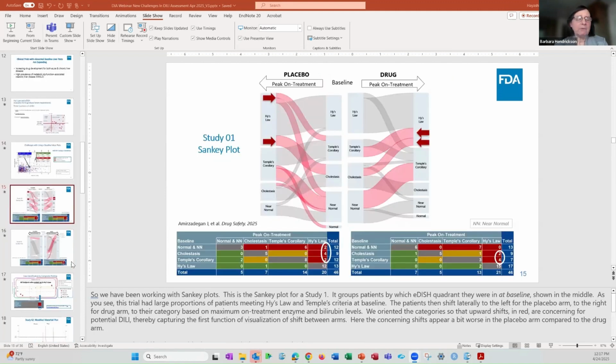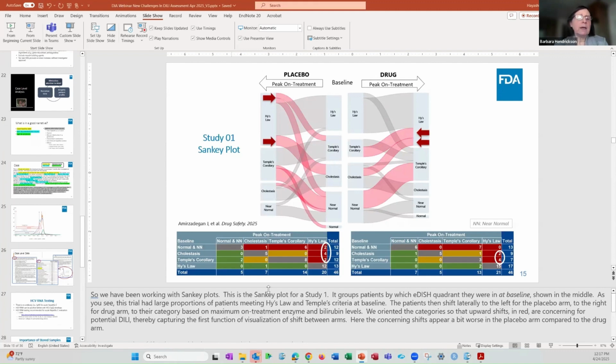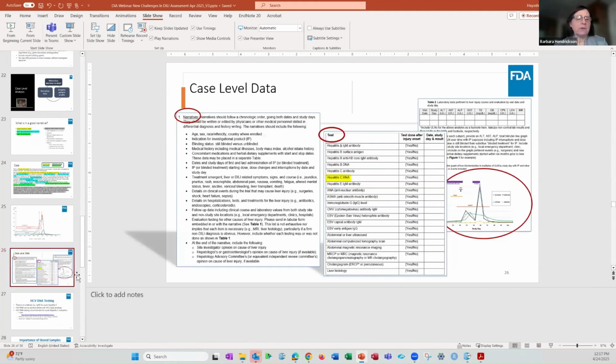I'm a big advocate of supplemental case report forms that you require the sites to complete for cases that meet certain criteria, like any serious events, any events with a transaminase level over a certain level for your patient population, or a bilirubin over a certain level, or any discontinuations due to liver-related events.